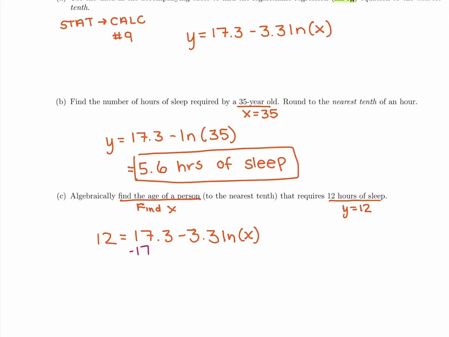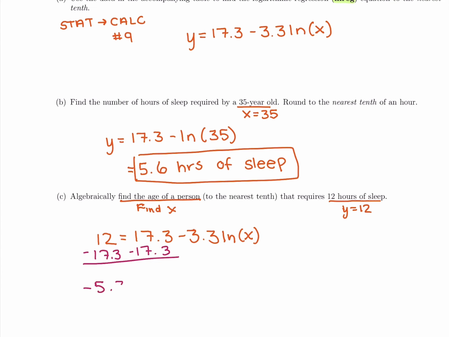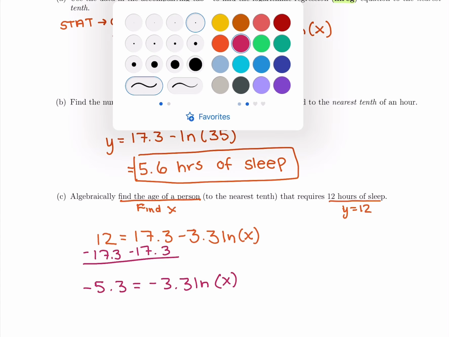So first thing I want to do is I want to subtract this 17.3. 12 minus 17.3 is going to give me a negative 5.3 equals negative 3.3 times ln of X. So I definitely still don't have ln of x by itself, it's multiplied by negative 3.3.